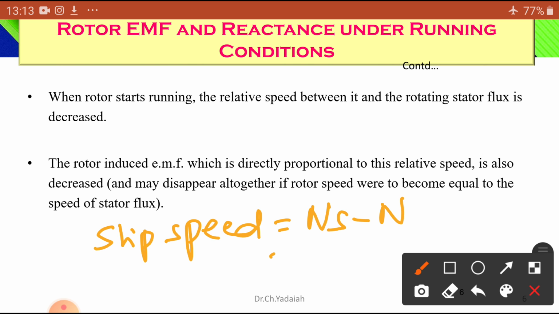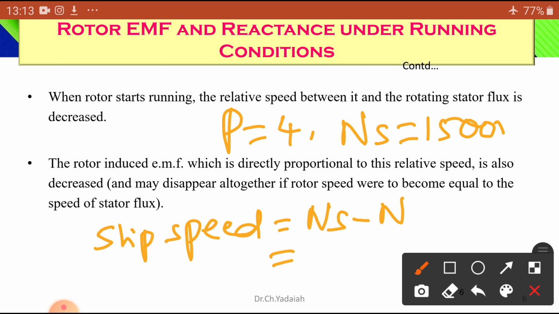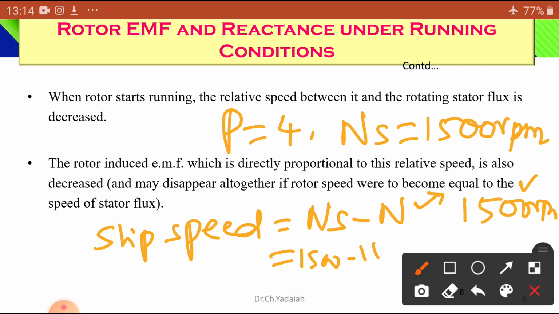In the previous case we took P equal to 4 poles, so ns is equal to 1500 rpm. Now if the rotor is rotating near 1500 rpm instead of 1300 rpm, say it is rotating at 1500 rpm, then 1500 minus 1500 gives 0.